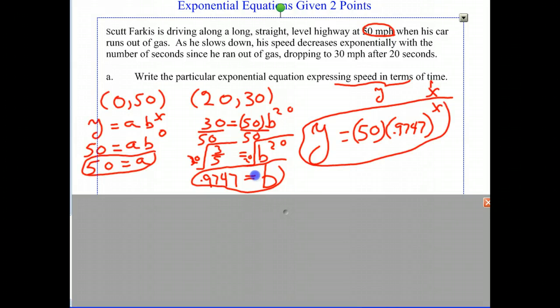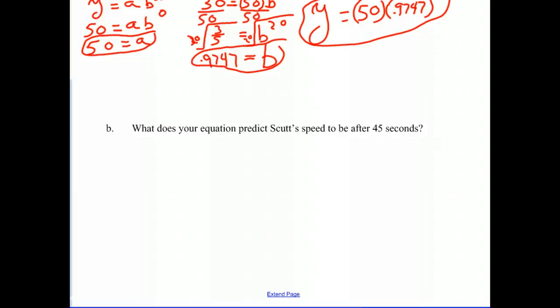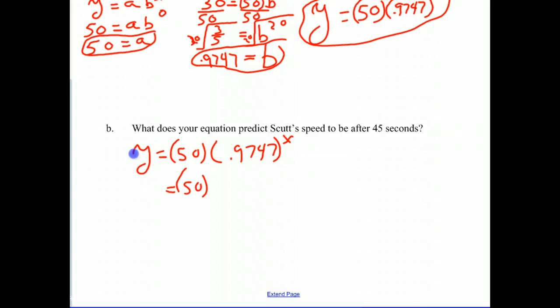All right, our next question now is, what does your equation predict Scott's speed to be after 45 seconds? Well, we have our function, y equals 50 times 0.9747 to the x. If we want to know Scott's speed after 45 seconds, we simply substitute 45 for x. So we get 50 times 0.9747 to the 45th power.